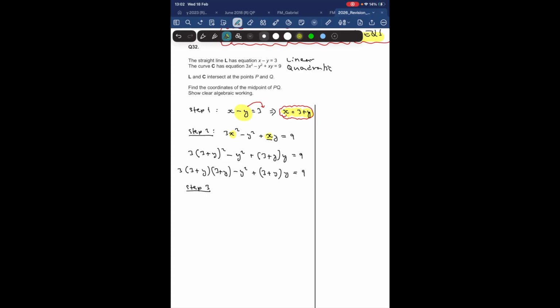Now before we do anything, we need to multiply this double bracket out. So we're not going to touch the 3 here. We're just going to multiply these two brackets together and keep the 3 outside.